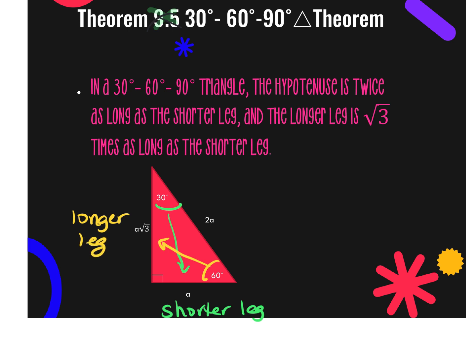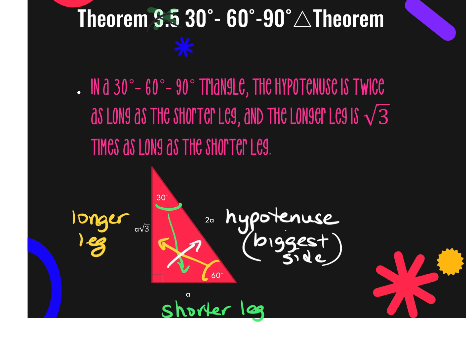But remember, the hypotenuse is always the biggest side, because it's across from the biggest angle. It's across from the 90-degree angle.